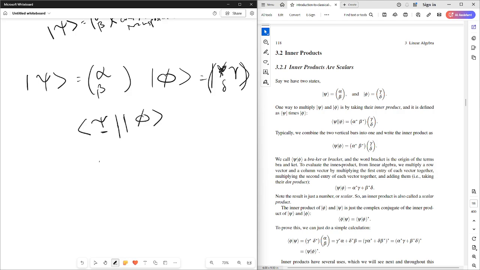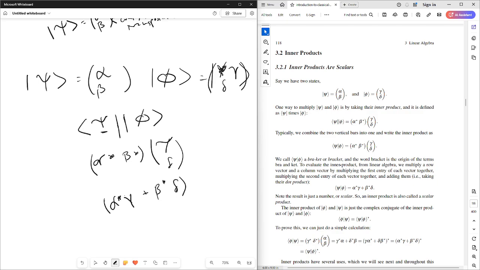So that equates to alpha, beta, the complex conjugates of those, multiplied by rho's components, and we multiply out: alpha conjugate times the first component of rho plus beta complex conjugate multiplied by the second component.